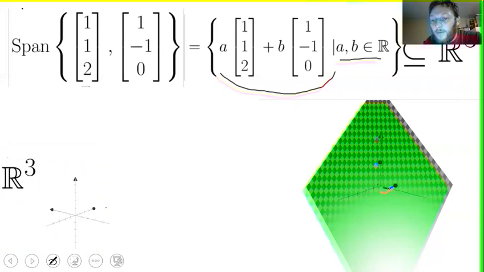Here's the vector (1, -1, 0). There's that vector. And then here's the vector (1, 1, 2). And there's two vectors, so they determine a plane.